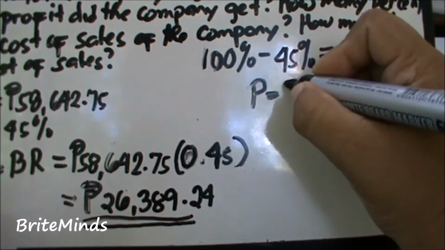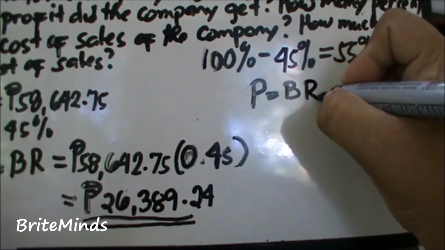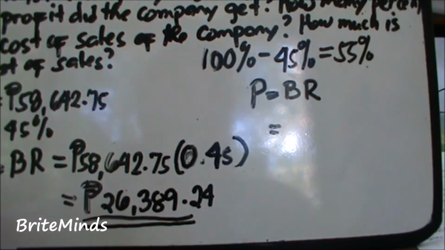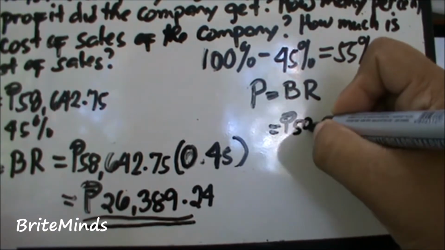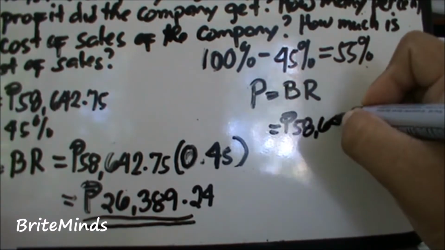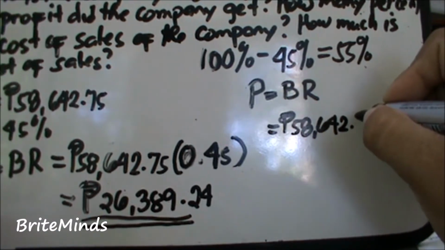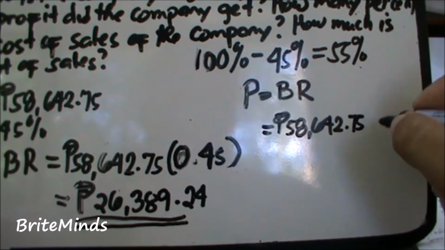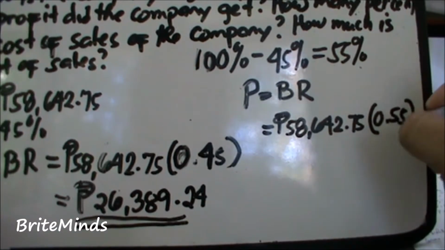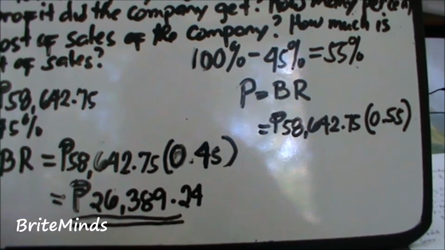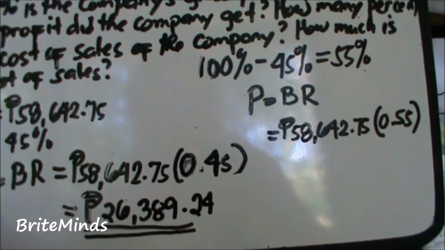P equals B multiplied by R. So our base is still the 58,642 pesos and 75 centavos, multiplied by the rate of cost of sales, which is 55%.